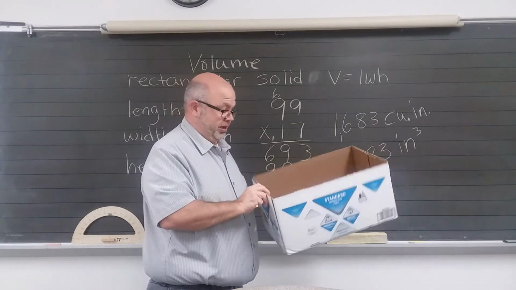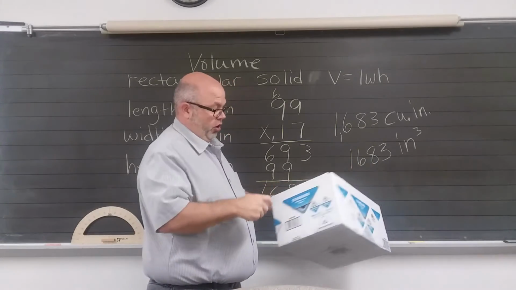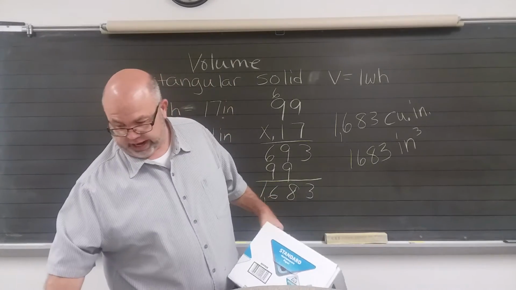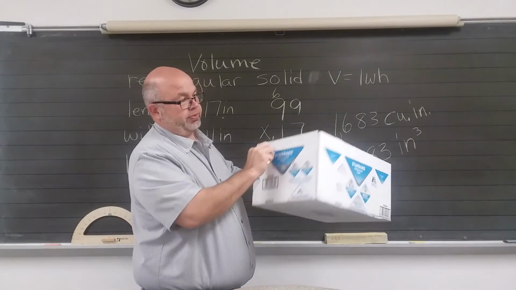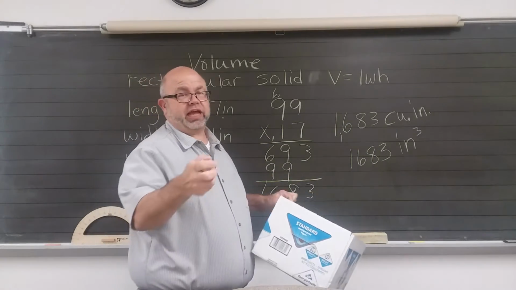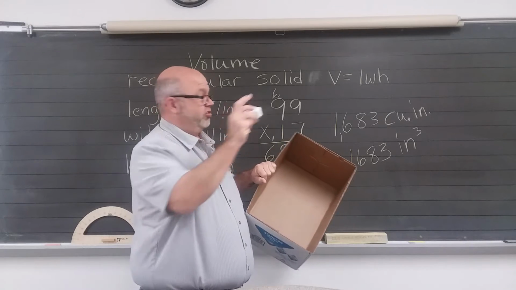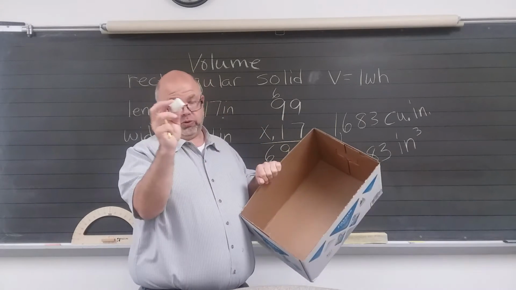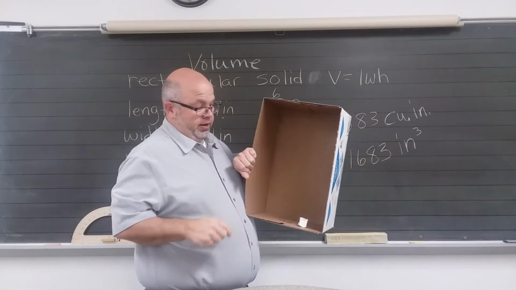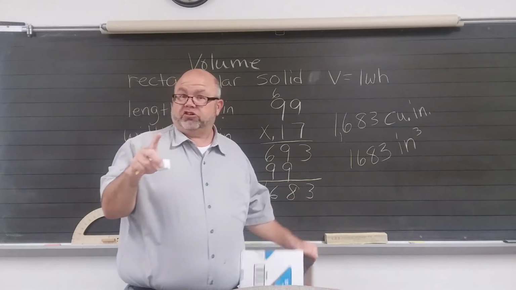That is what volume is, okay? Area is always the little squares that fit on the outside. Volume is always labeled with cubed, right? Cubed inches, inches with the little 3 exponent, which is cubed, all right? Don't forget that, and pay attention to directions.